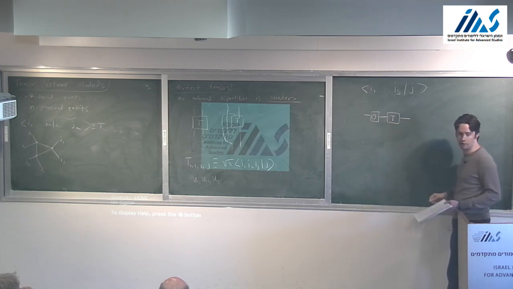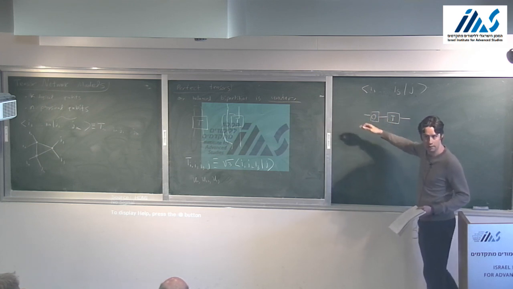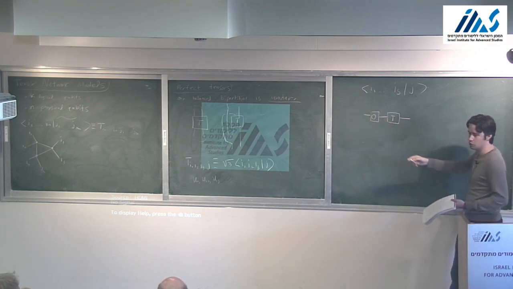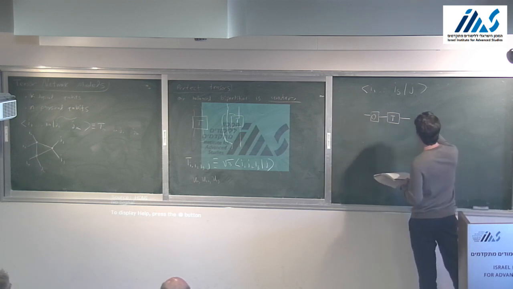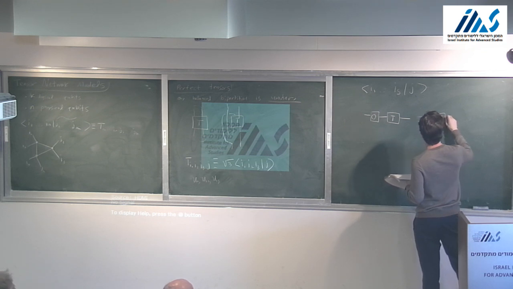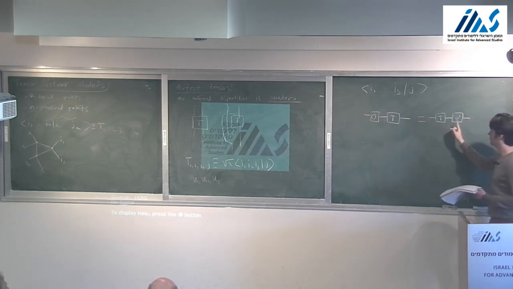It doesn't matter which half I pick. These half of the indices are contracted with just any operator that acts on those, in this case, 3 indices. Then the claim is that there exists another operator, O prime, such that this is equal to that.